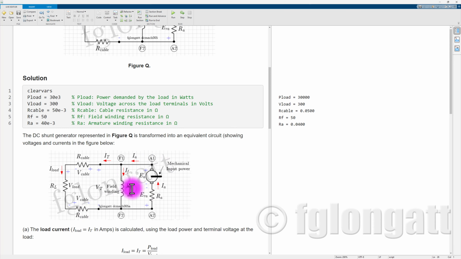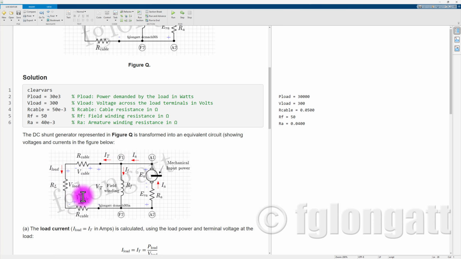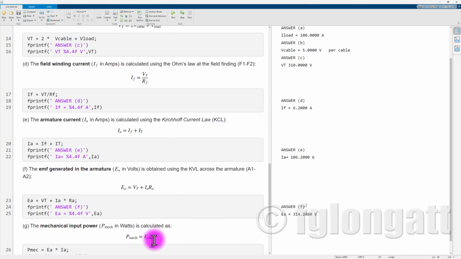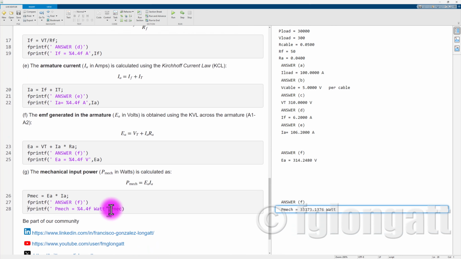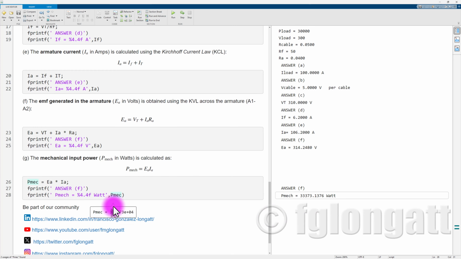So as expected, the input power will be larger than the load. So this is the final result over here. This is the mechanical input, and that is 33.3 kilowatts.